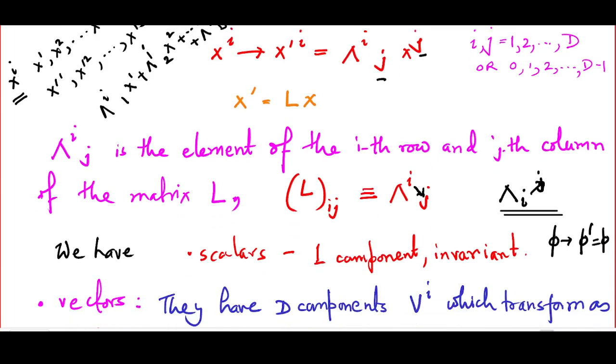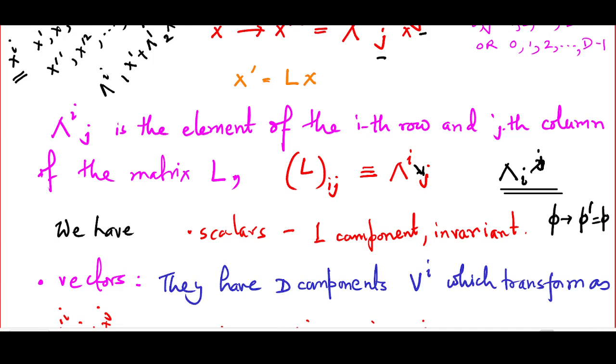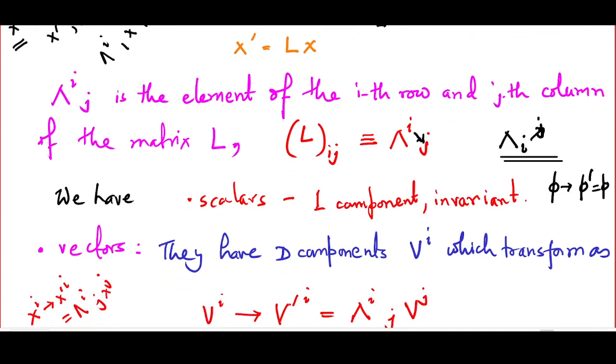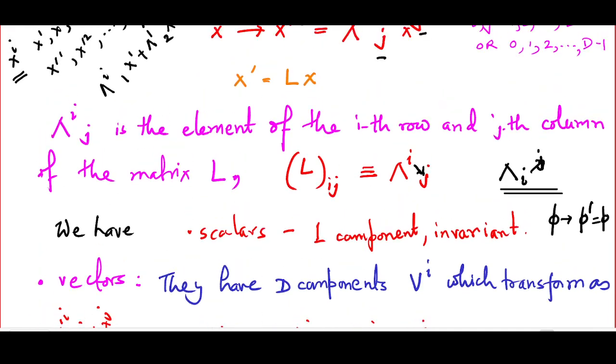Now vectors. These are essentially the same kind of objects that we learned about in high school. And the basic idea is that when you want to define it in more advanced language, you would say that a vector in a d-dimensional space would be described by d numbers, d real numbers, d components, which transform in exactly the same way as the coordinates do.